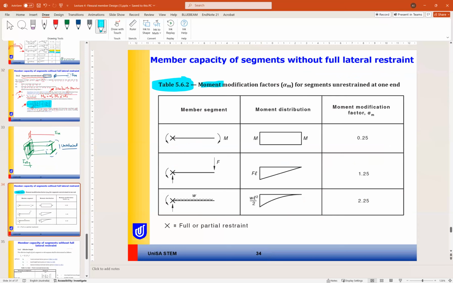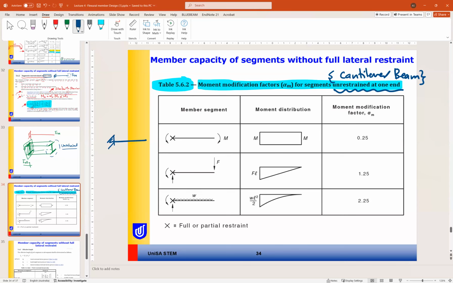So 5.6.2 gives us the factors alpha m for unrestrained at one end, which is for a cantilever beam. For example, if you have a fixed beam with one moment here, alpha m will be 0.25. If you have fixed and one load here, it is 1.25.